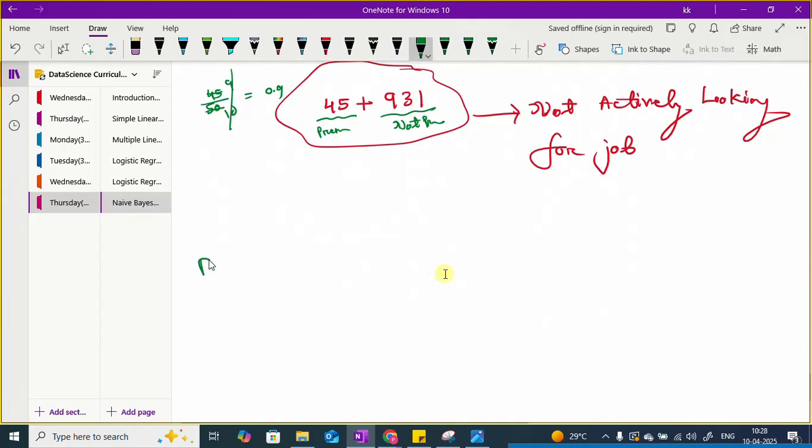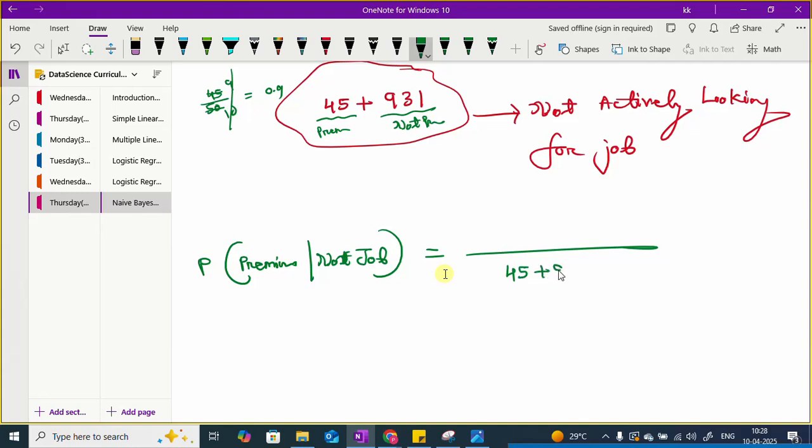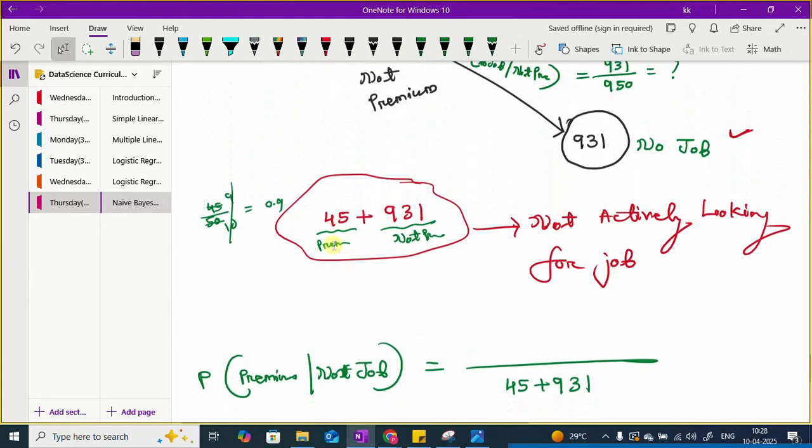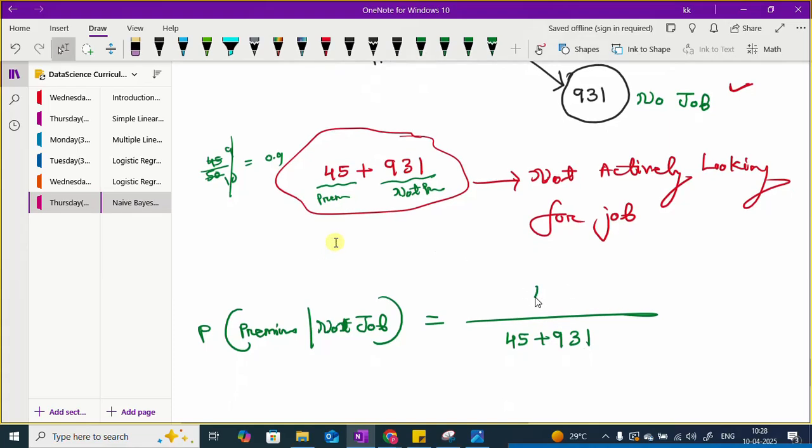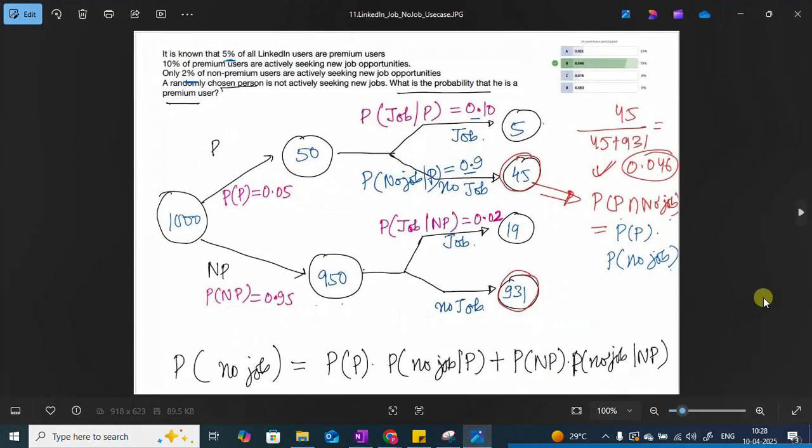Find the probability of premium user given that not looking for job, or no job. No job, or not looking for job, is nothing but 45 plus 931, whatever will come. Now out of this, how many belong to premium? 45. So that is 45 divided by this one. How much, guys? Could you please calculate? Use your calculator and tell me.